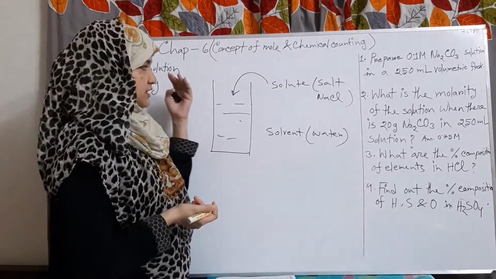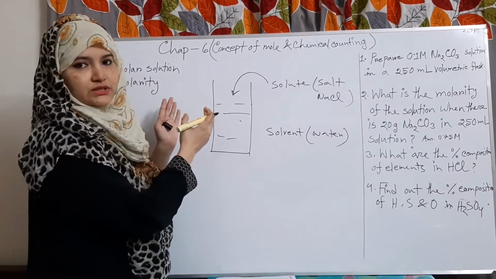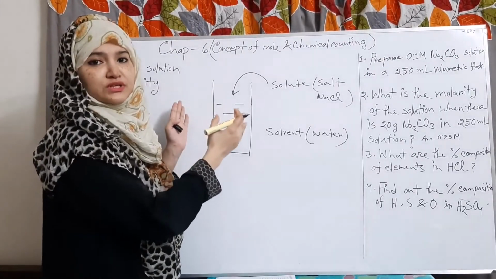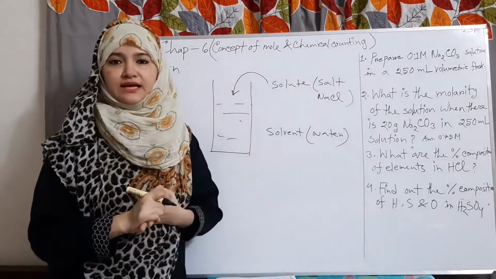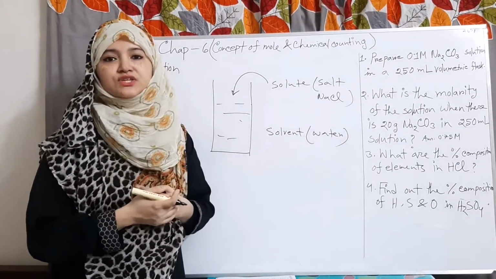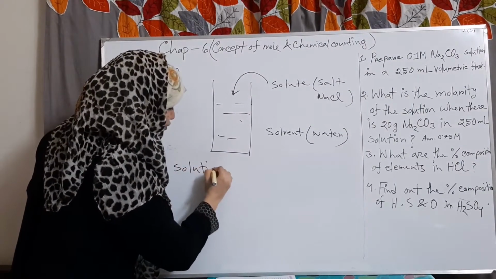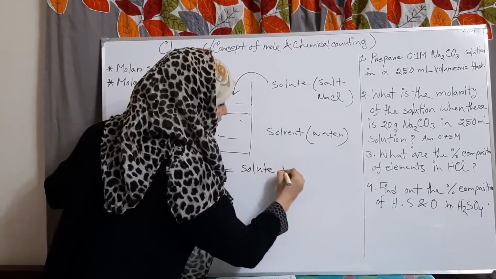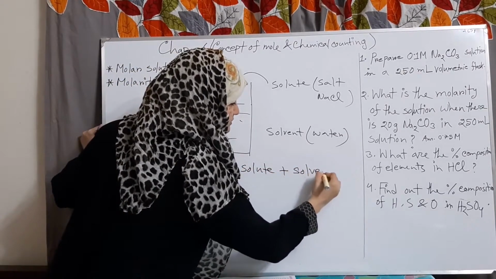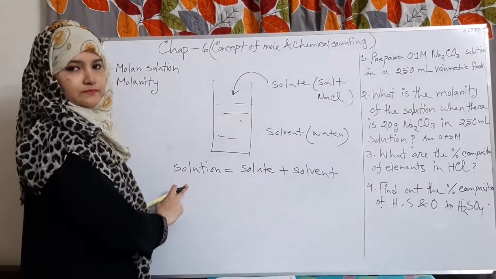After dissolving this, we get a homogeneous mixture, and this homogeneous mixture is called a solution. That means we can write: solution is equal to solute in solvent. Solute in solvent makes solution.